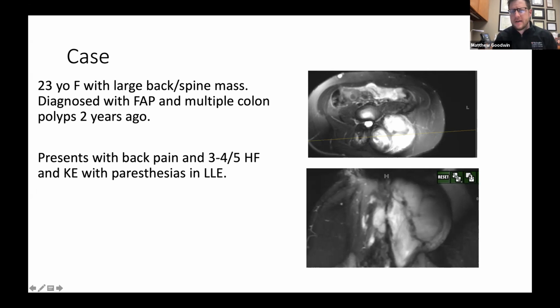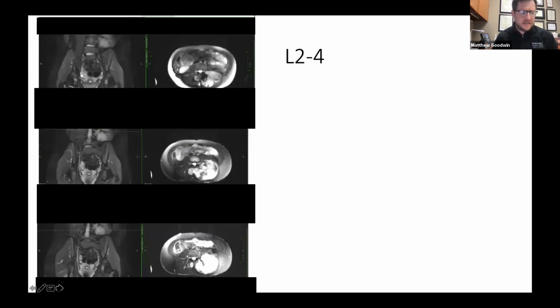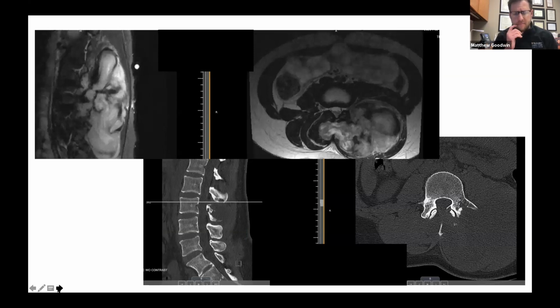I don't know if these might be a little bit small here, but she's got a very large paraspinal mass pushing on L2, 3, and 4 and encroaching into the foramen, and also eating through the bone as well.